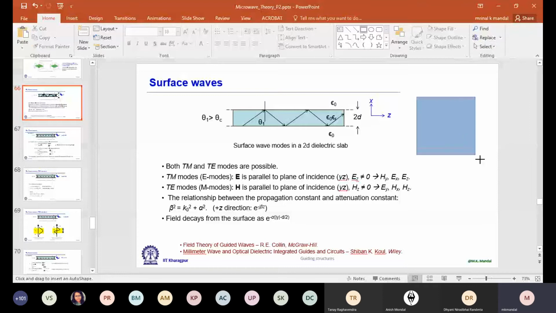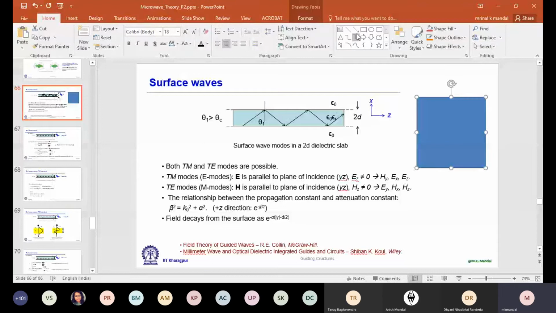If I can draw it here, let's say I have a substrate, I'm looking at the top view, and somehow a surface wave is created here from some discontinuity. Now, what will happen to it?